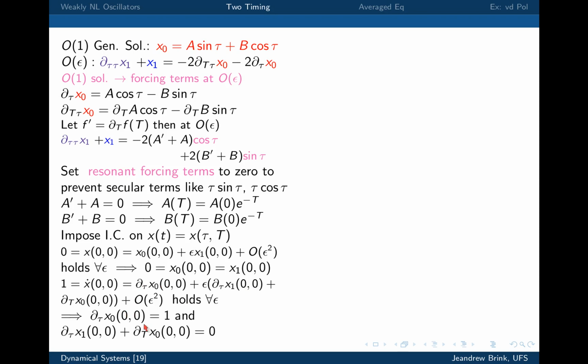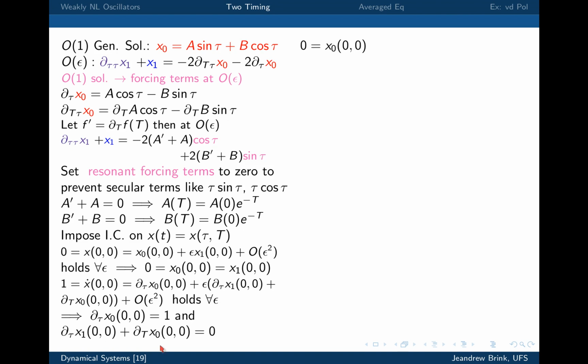So you've now got all of the initial conditions on x0, which is basically its fast time derivative has to be 1, and its initial value has to be 0. And you have that the fast time derivative of x1 has got to be equal to minus the slow time derivative of x0.